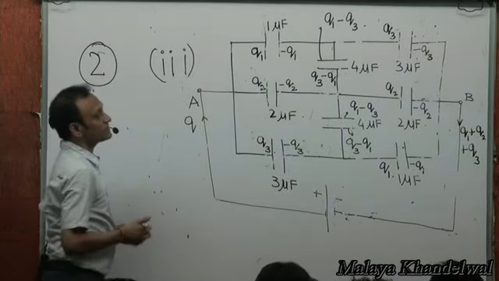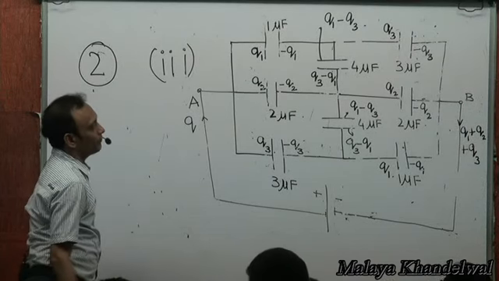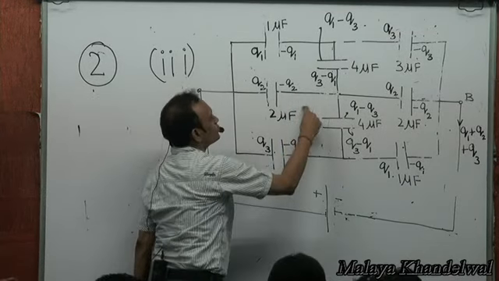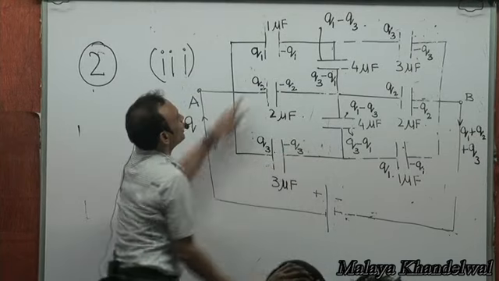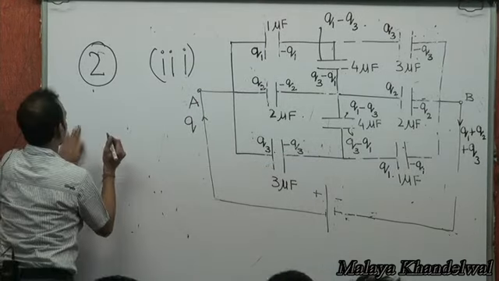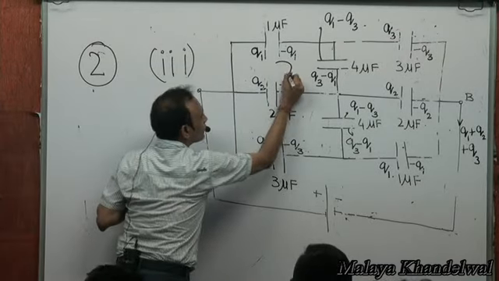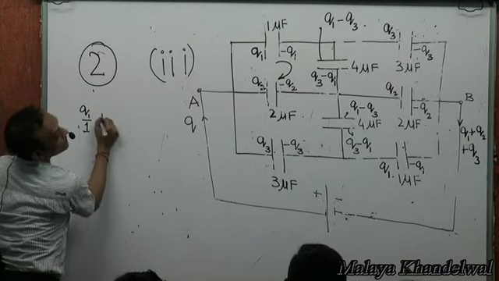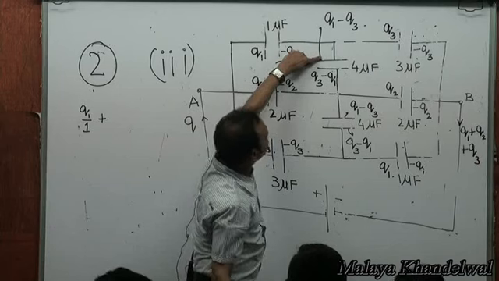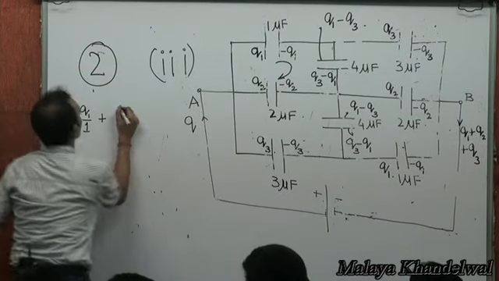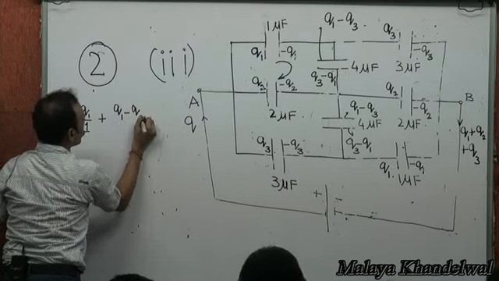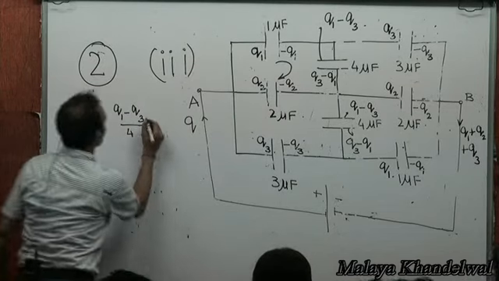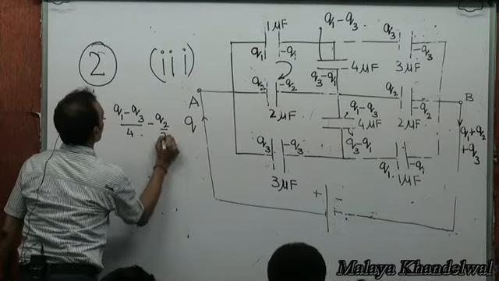Now, all that you need to do is apply, say, KVL to this loop and KVL to this loop. When you apply KVL to this loop, what is it that you get? Q1 by 1 plus Q1 by 1 plus Q1 minus Q3 by 4 minus Q2 by 2 equal to 0.